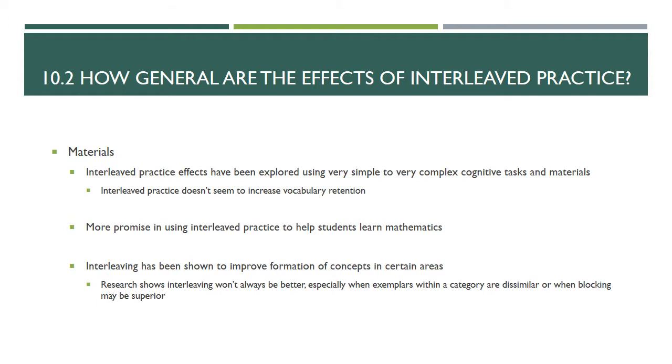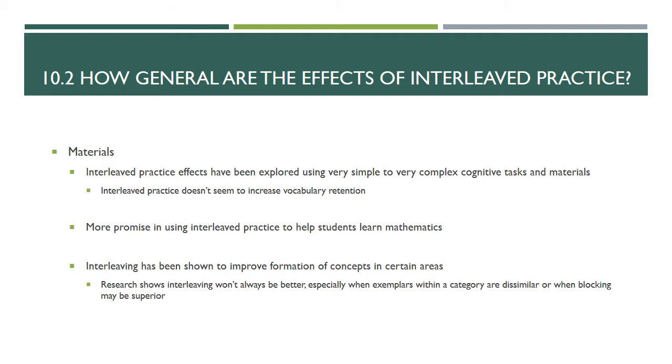There have been more promising results in studies that have used interleaving to help students learn mathematics. In 2 studies done by Carlson and colleagues, interleaved practice improved students' speed in solving Boolean problems. A study done by Mayfield and Chase in 2002 showed that interleaving increased students' ability to solve new algebraic problems.